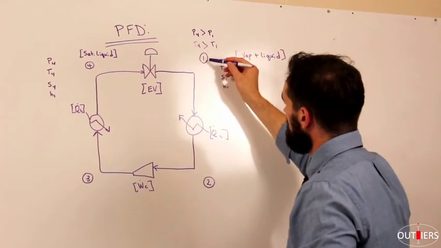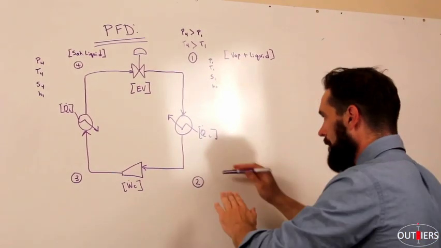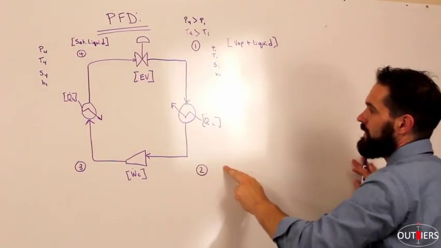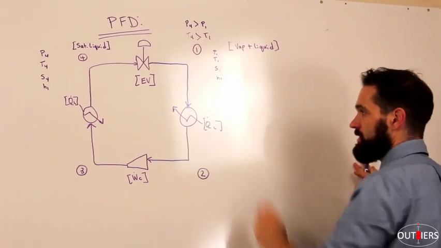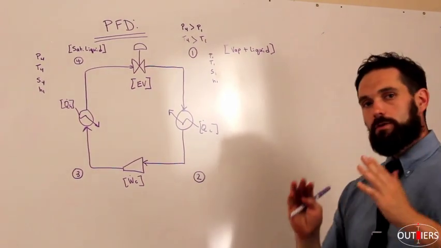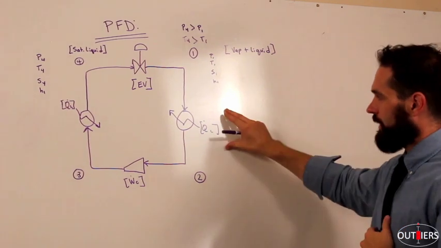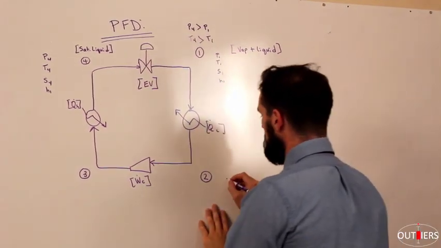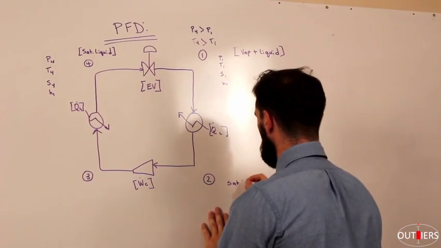Now let's look at going from state 1 to state 2. What's happening here is, as we come from state 1 to state 2, we go through this exchanger, the evaporator. Ideally, if you designed your evaporator and your system correctly, what you would want to wind up with is saturated vapor here at state 2.